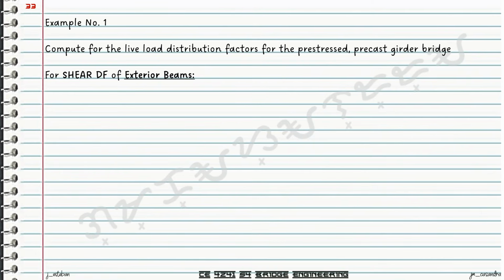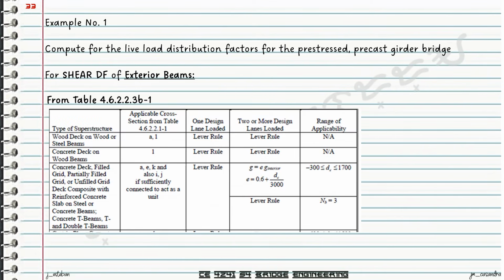So next, we move on to our exterior beams, which will be taken from Table 4.6.2.2.3b-1. Again, we have our cross-section K. So NB is 6, therefore, this is the equation to be used.